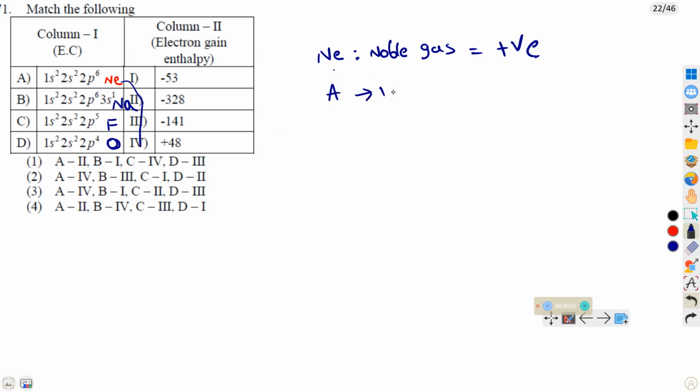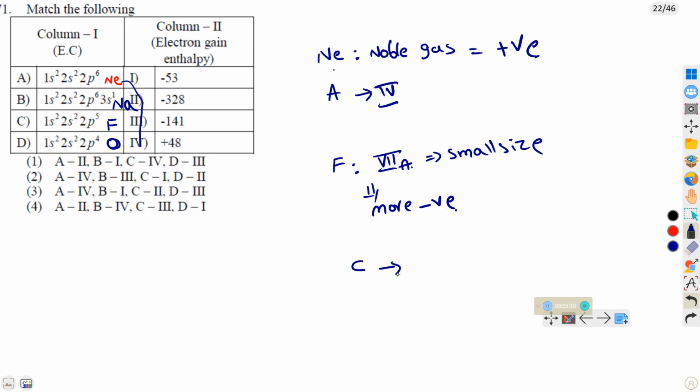After that, fluorine, I am talking about C. Fluorine, electron gain enthalpy, 7A group element. 7A group elements have more electron gain enthalpy because of small size, more negative electron gain enthalpy. Based on that, C2, A4 C2, third option.